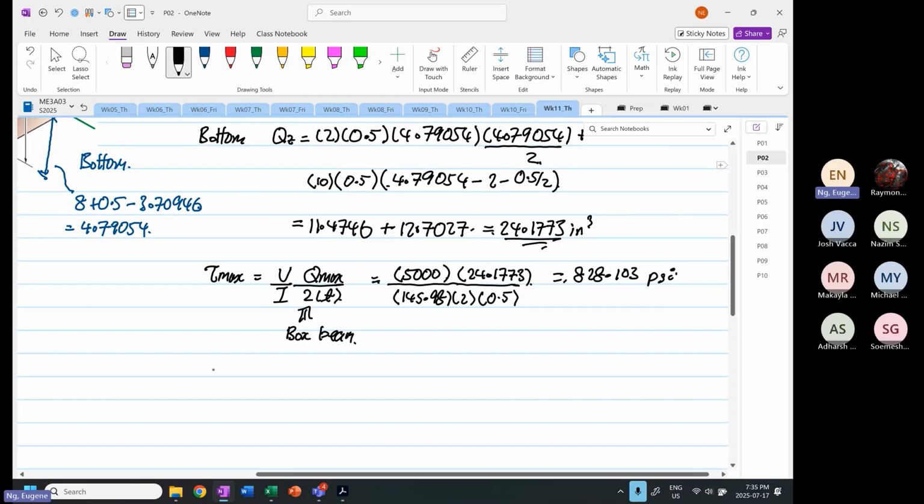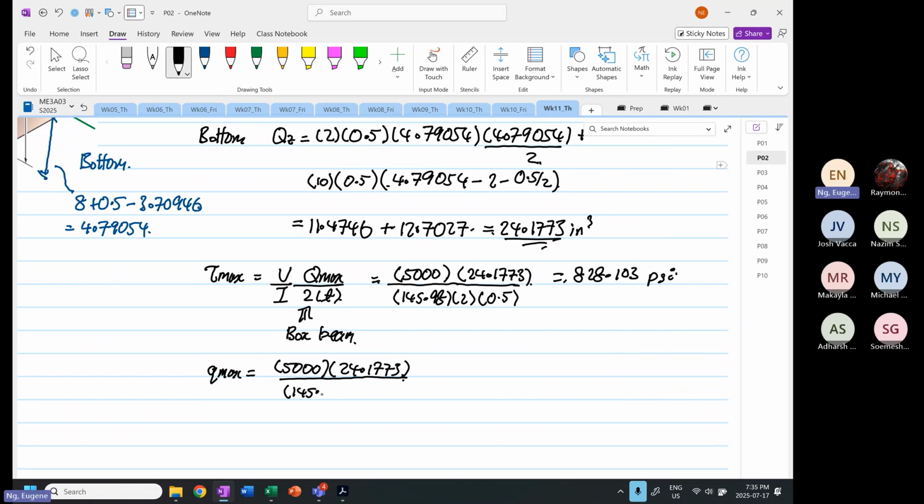Or if you want to calculate q max, then it'll be equal to 5,000 multiplied by 24.1773 divided by 145.98 and then you just divide by 2. Okay, so 5,000 times 24.1773 divided by 145.98 divided by 2 is equal to 414.052 pounds per inch.